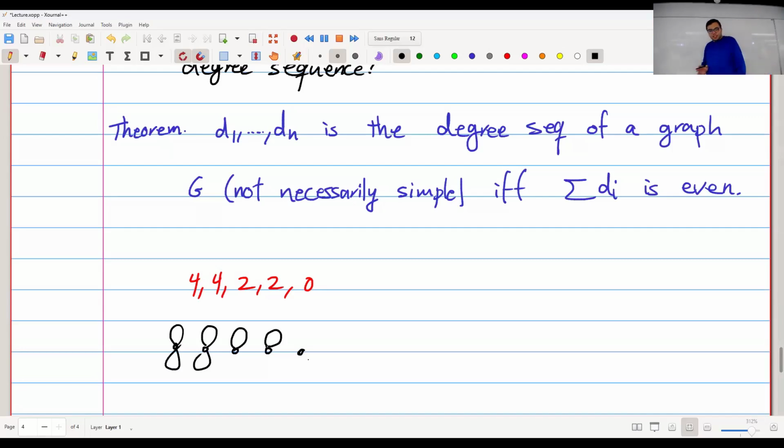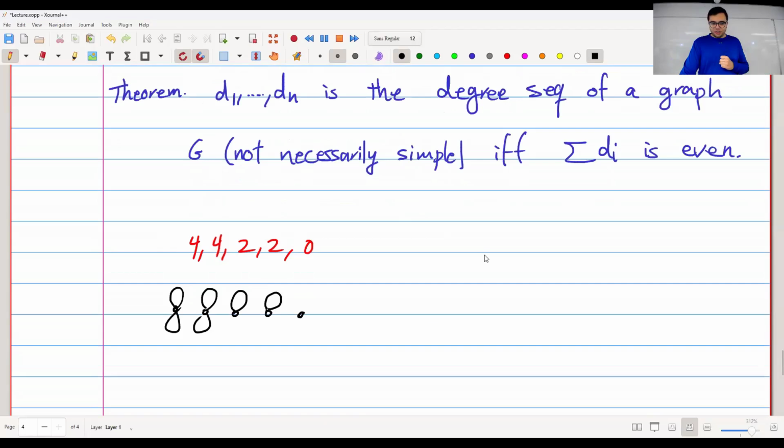Okay. What if not all of the degrees are even? I might have a bunch of degrees that are odd. So I want to first of all make them even. How many odd degrees can I have? An even number of odd degrees, right? Because the sum of the degrees is even anyway.